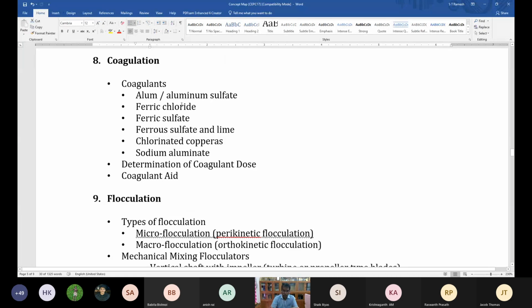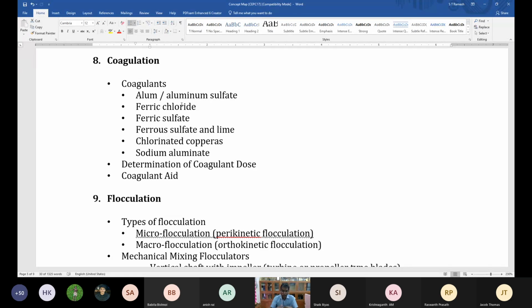And coagulants: the water you tap from surface water sources is predominantly contaminated with a lot of micro or colloidal materials, which may not be able to settle down by proper sedimentation or settling mechanism. Also, these particles are negatively charged, and because of these negative charges, they repel each other. So what do we do? We add coagulants, thereby reducing the repulsive force and letting the particles collide with each other.